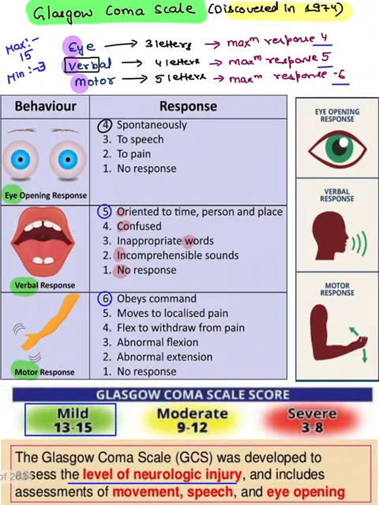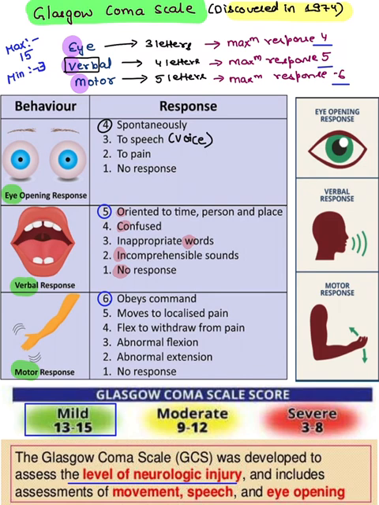Now coming on to this table, we'll see. For eye, we remember sapna: S is spontaneous, V is voice, that is speech, P means pain, N means no response.